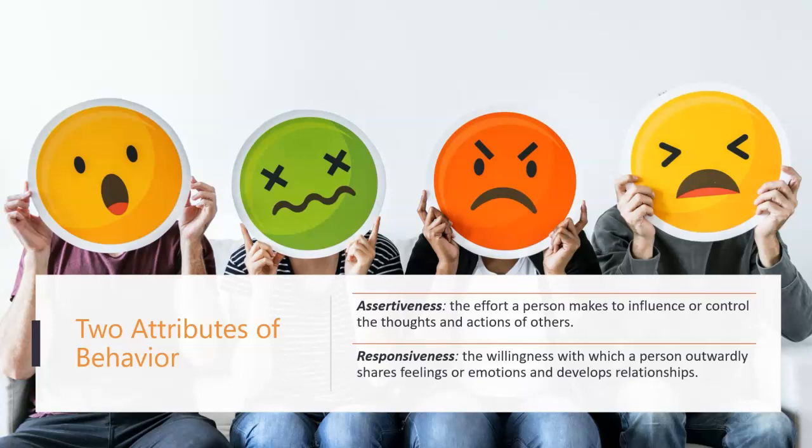So assertiveness is, as it says, the effort a person makes to influence or control others' actions or thoughts. So maybe how controlling you are, if you always like to be the leader, or would you rather take a step back? Responsiveness is the time it takes, we'll see and hear, maybe to make a decision to develop relationships, has to do with time.